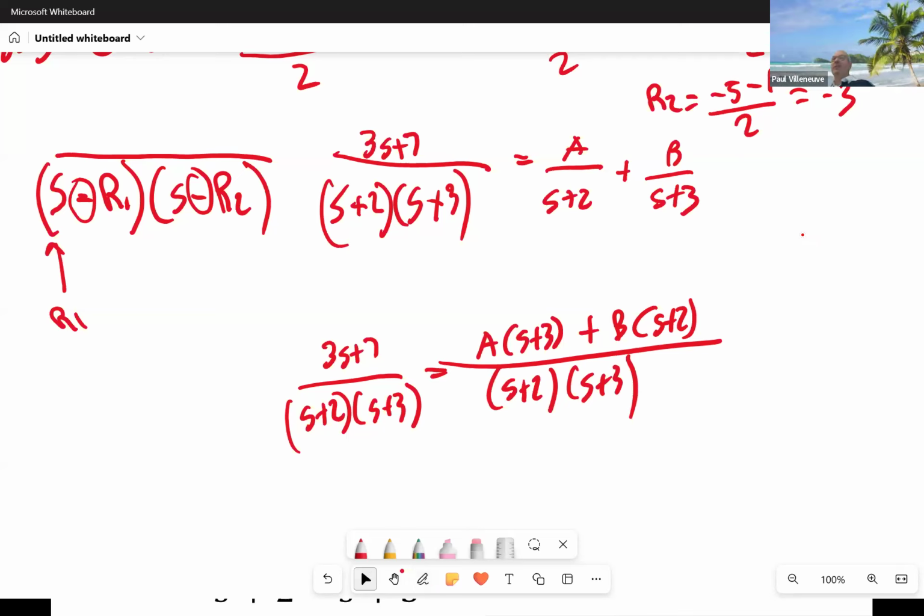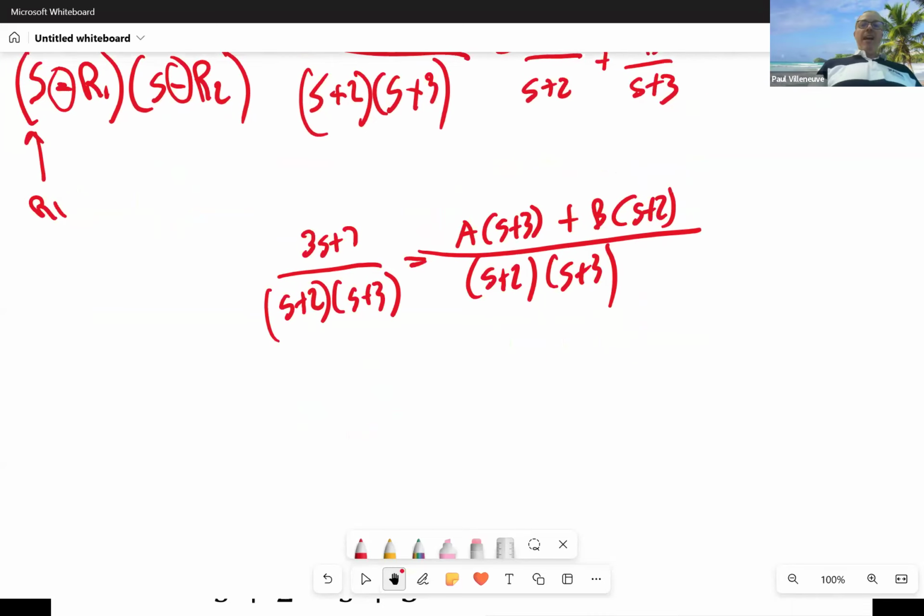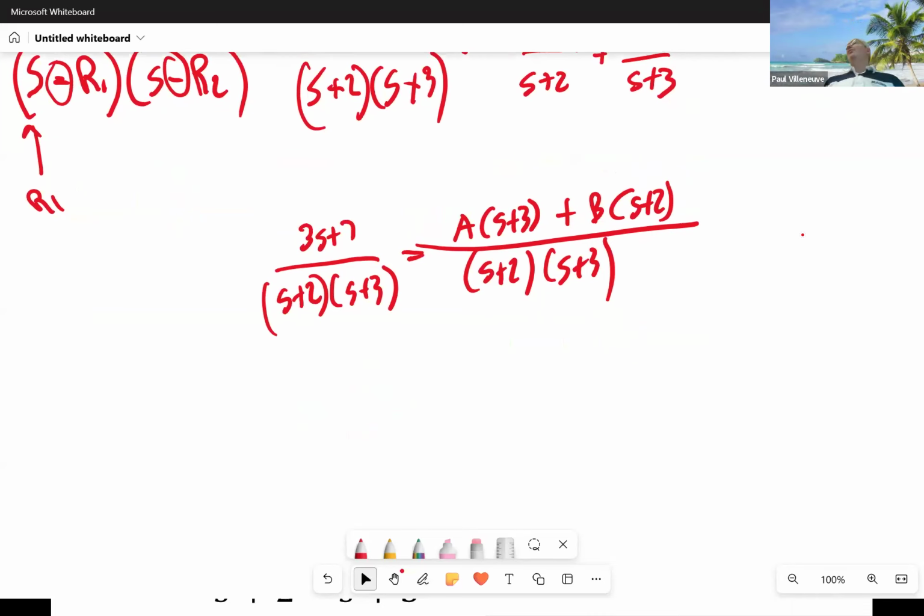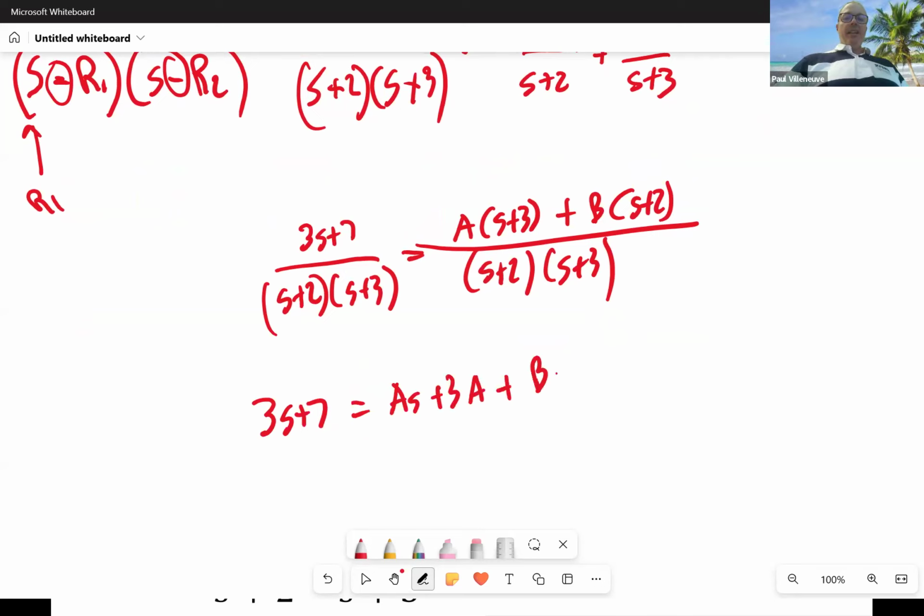They should be equal to each other, so the denominators have to be the same. So now I'm going to throw out the denominators because they're both the same. So what I have is 3S plus 7 equals AS plus 3A plus BS plus 2B, right? Everybody following along so far?